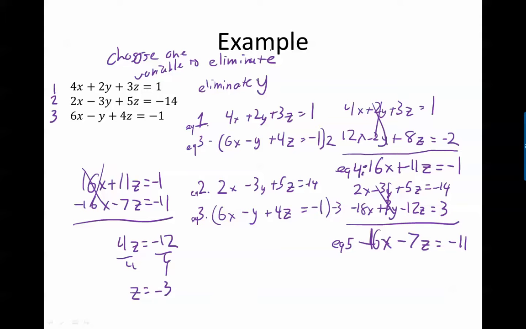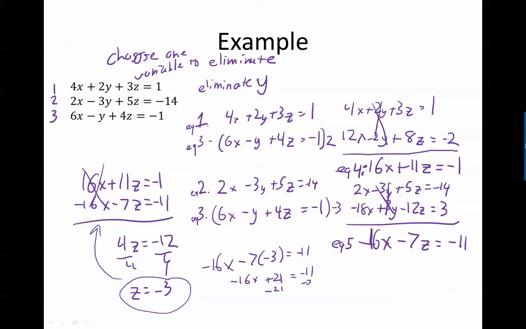So notice that by eliminating y, I created a 2 by 2 system which I can solve. I can take this number and plug it in up here, like we did before. Negative 16x minus 7 times negative 3 equals negative 11, which makes negative 16x plus 21 equals negative 11.